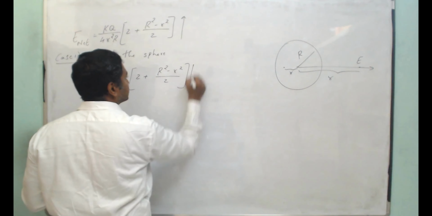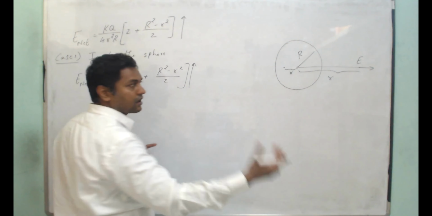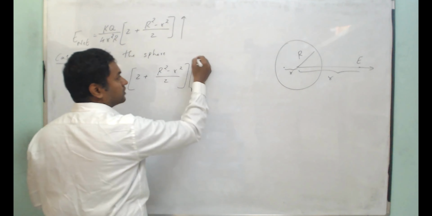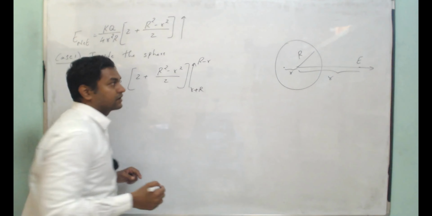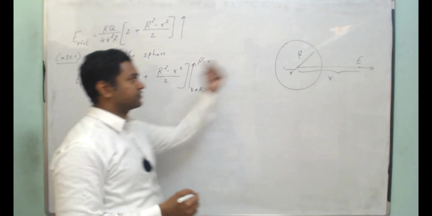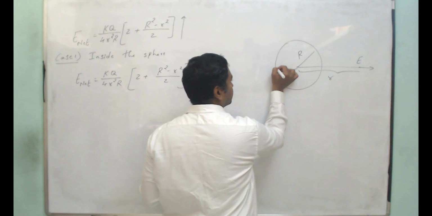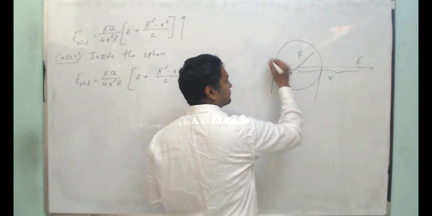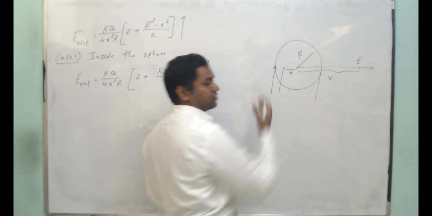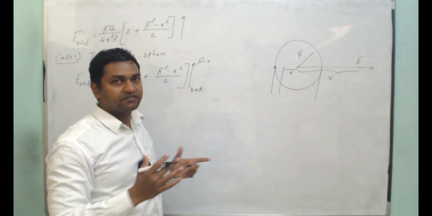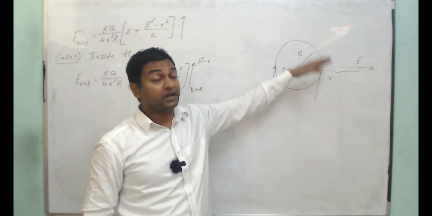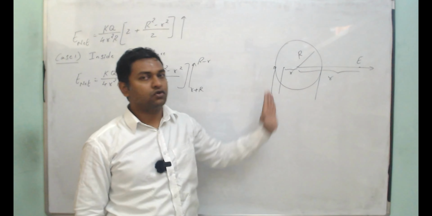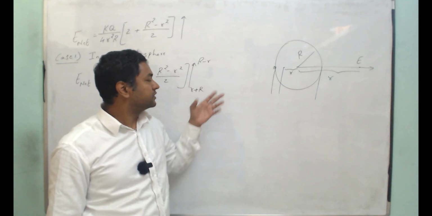And for inside, we are taking the limits as small r plus capital R to capital R minus small r. The distances basically are these distances. My element starts from left to right or right to left, it's our wish. I'm going to take it from right to left because I took theta anti-clockwise in the figure.